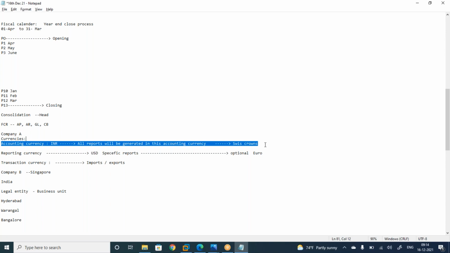UK pounds. Otherwise, euros. That is their currency. Simply, accounting currency means the country currency, wherever the company is located, that currency is the accounting currency. Okay, sir. Thank you.